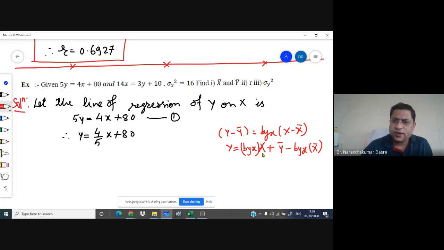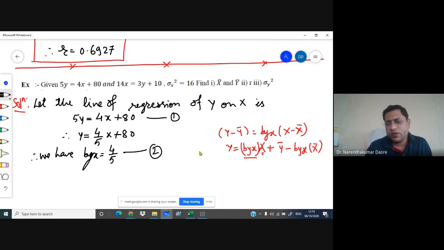So you can see the coefficient of x is byx, and hence I can write that byx is equal to 4 by 5. So you can compare with this.